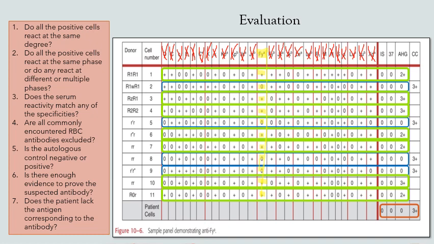So, this will be our confirmation kung meron ba talagang ganitong antigen si patient or wala. So, ang result dapat is negative ang cells ng patient with FYA kasi nagkaroon siya ng antibody against it. So, if the patient's RBC are positive for the corresponding antigen, baka may misidentification or false positive, I think.